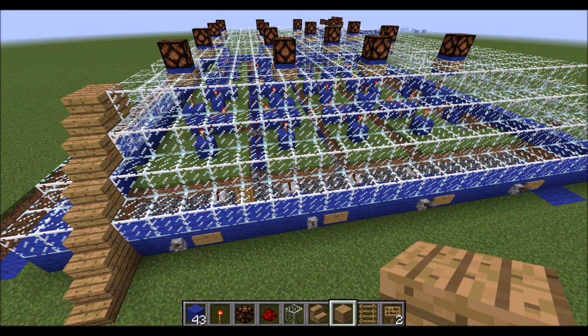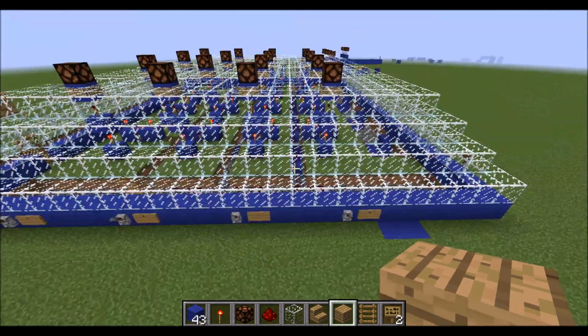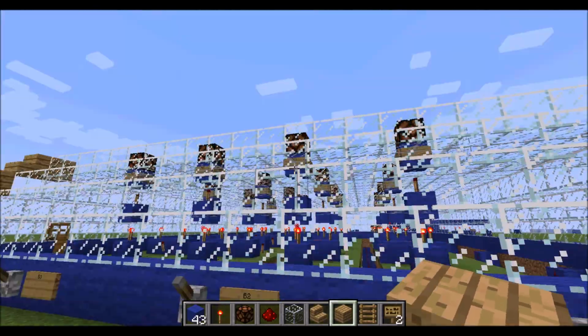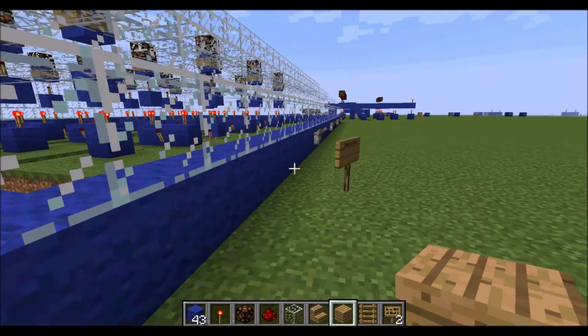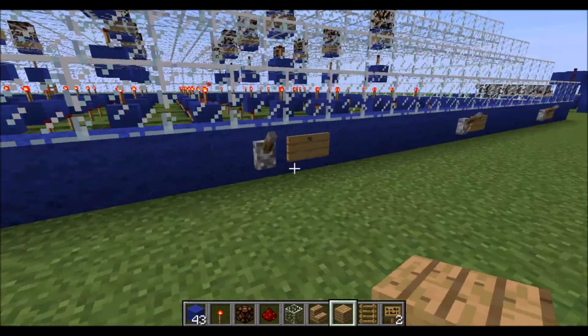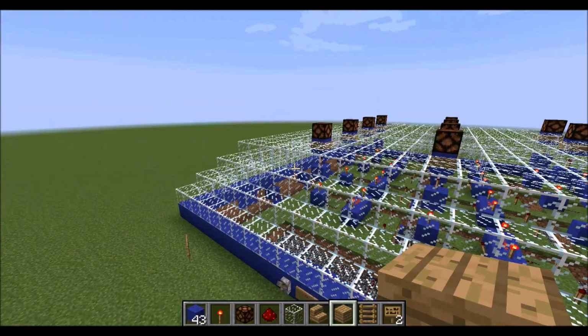If you've had algebra, you know about the Cartesian coordinate plane, and if you don't, I'm just going to give you a basic understanding of how this works. I call this direction B and this direction A. So A1, A2.